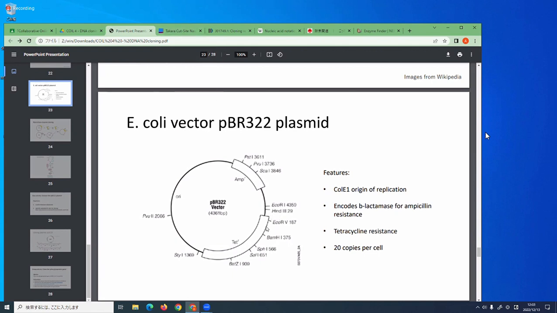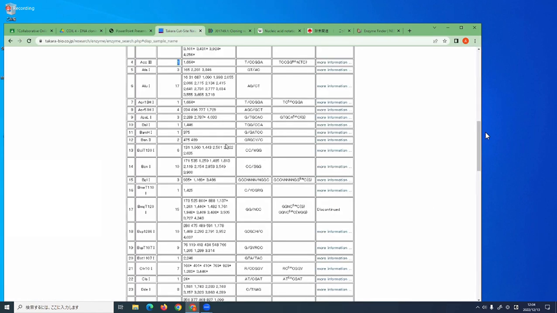So ideally, if we're not using tetracycline, we can choose this one. My choice will be EcoR1 over here because we know it's a single cut, or EcoR5 or BamH1 over here, because this is also a quite useful enzyme. I think most labs will have BamH1 or EcoR5 or EcoR1. That's a very common research enzyme to use.